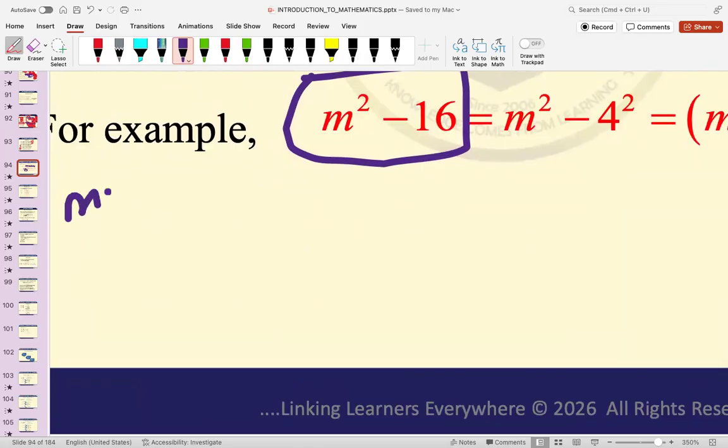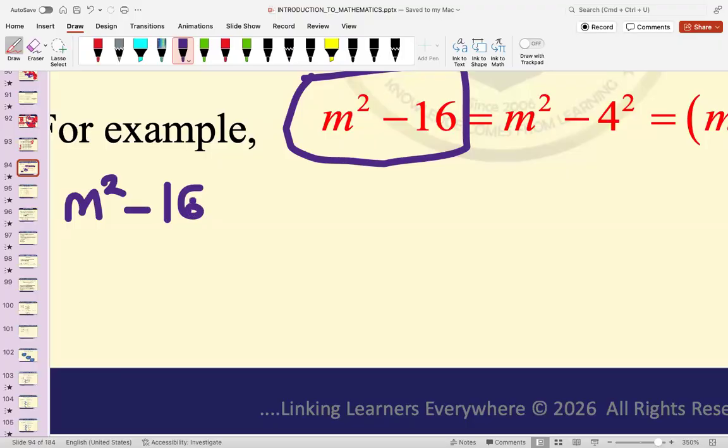M squared minus 16. The moment you see something like this, you dig into your memory and remember that, is there a way you can change this 16 to square?